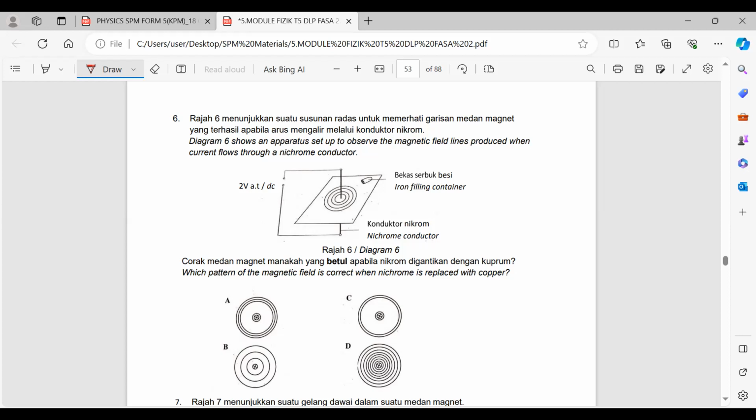For B, it looks almost uniform. For D, I can see there are more circles and the space between them is slightly increasing. That indicates the magnitude of the current has increased and the magnetic field strength has increased, because copper is a better conductor than nickel. So the best answer here will be D.